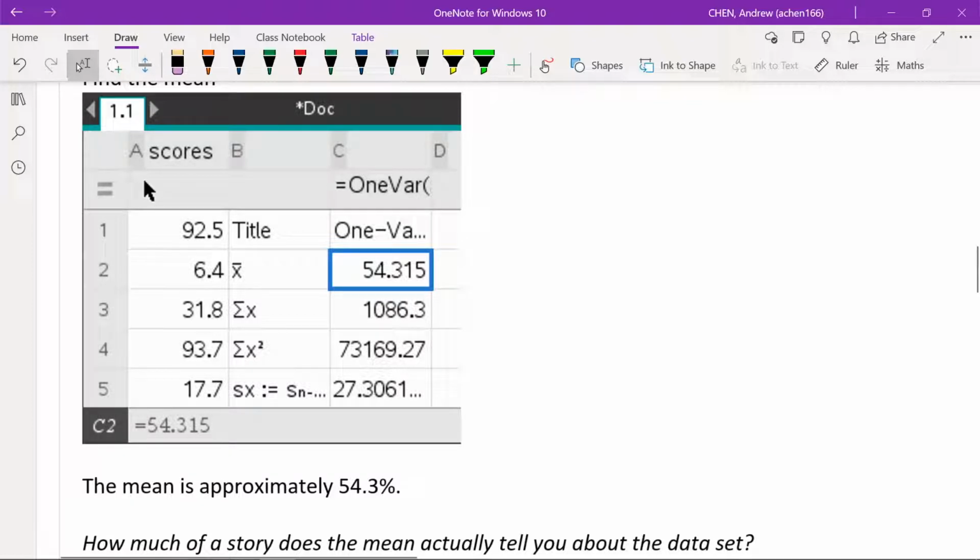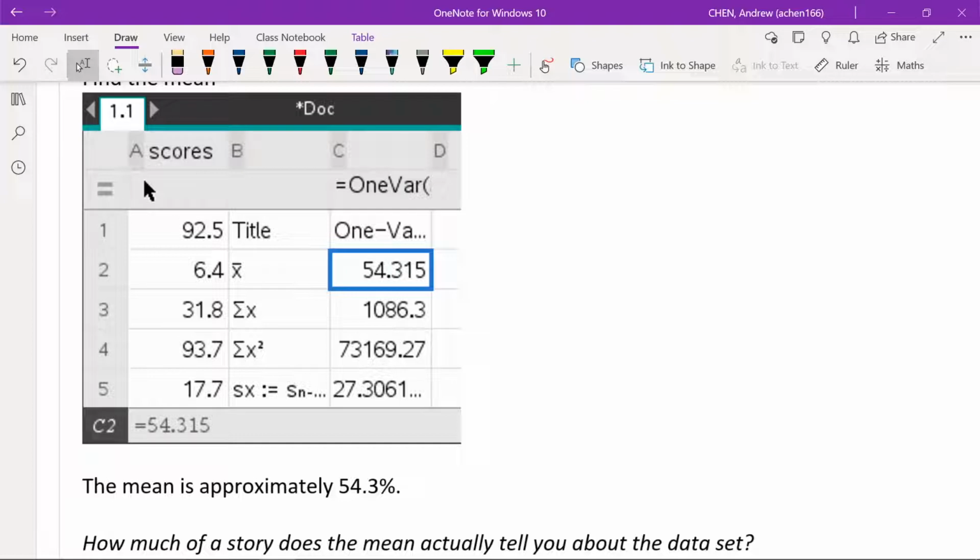So imagine now that you have this value and no more information. If you just had the mean, how much of a story does this number actually tell you about the data set? Let's say that the lowest score is 0 and the highest score is 100%.